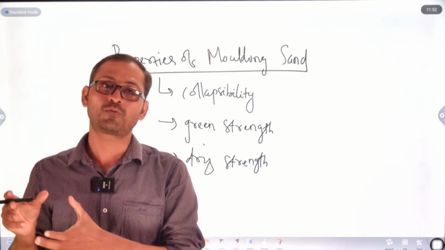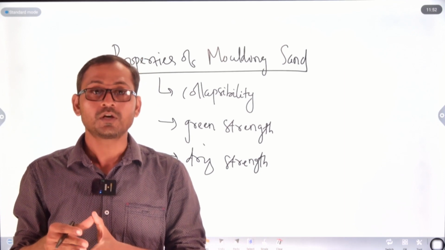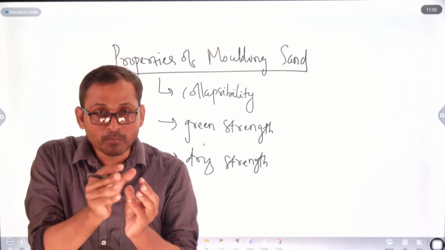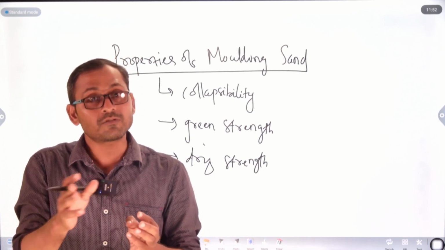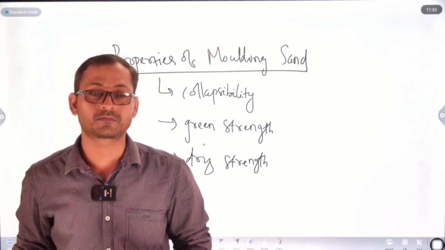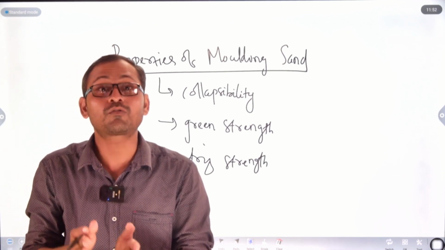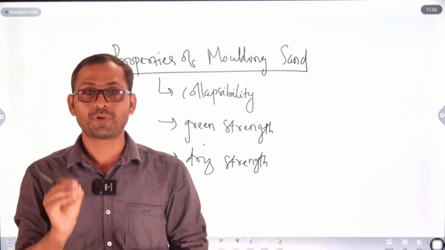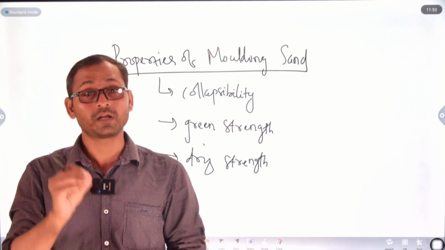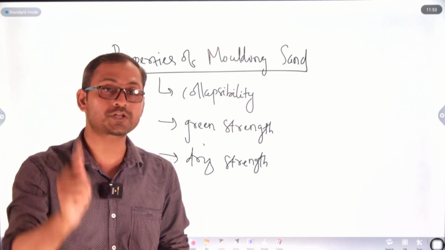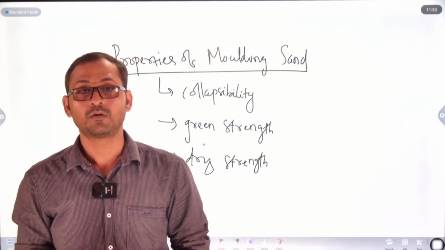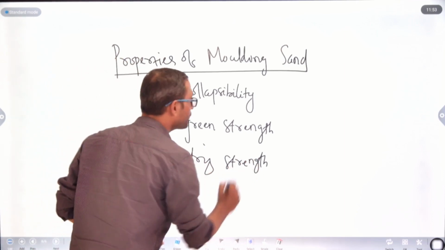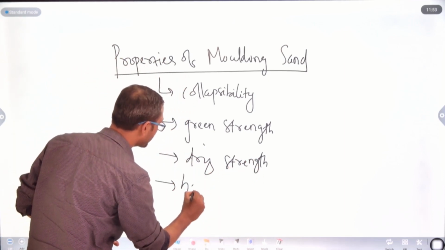After that we pour the molten metal, which is of high temperature. What happens? Some of the moisture around that cavity will suddenly evaporate, so it is converted into dry sand. Now you should choose the base sand in such a way that when it is in the dry state, it has sufficient strength to maintain the dimension of the mold cavity. This is called dry strength. Then comes the hot strength.